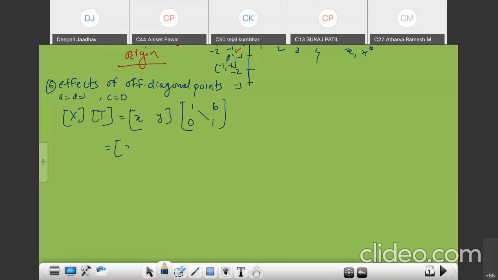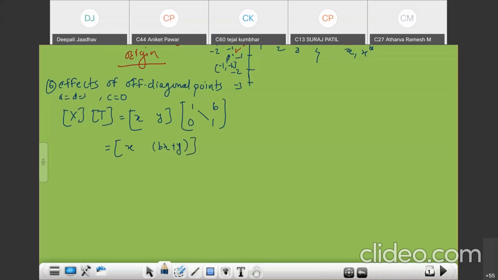It is x: x y multiplied with 1, 0, so x remains. The second: x y multiplied with B and 1, so it is Bx plus y into 1, y. It is Bx plus y.